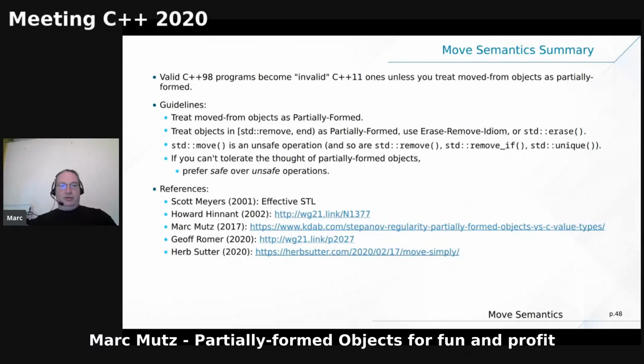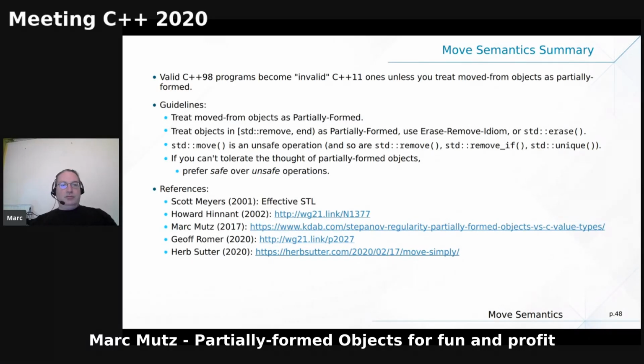Move semantics summary. Valid C++98 programs become invalid C++11 ones unless you treat moved-from objects as partially formed. Only then can you gain this free lunch that Howard Hinnant mentioned in N1377, where the language feature gives us transparent moves without changes to the client code.